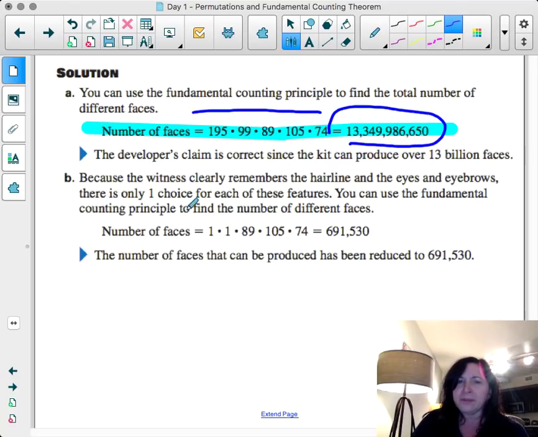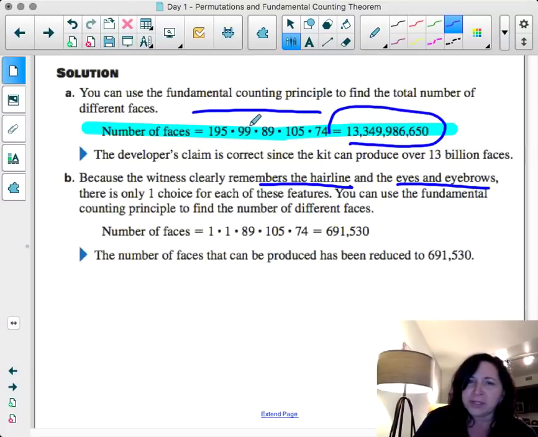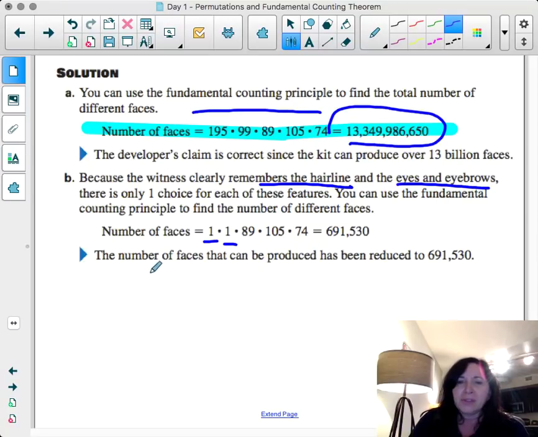But what if somebody says they remember exactly the hairline and exactly the eyes and brows? Well, you don't have 195 choices or 99 choices anymore. You have 1 choice here, 1 choice here. So basically, the number of faces can be reduced down to 691 to choose from instead of 13 billion.